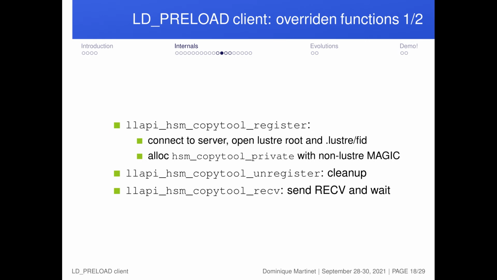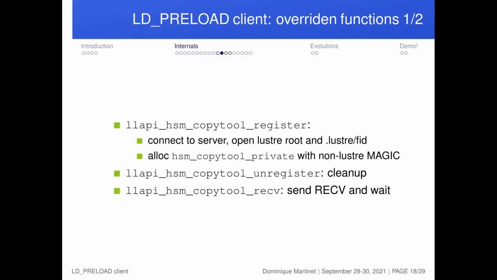And if the copytool calls LLAPI HSM functions that we did not overload, it will hopefully fail. It does very similar things to the normal register. That is, it connects to the server, and it opens the Lustre root and .lustre/fid file descriptors. We'll use them later.